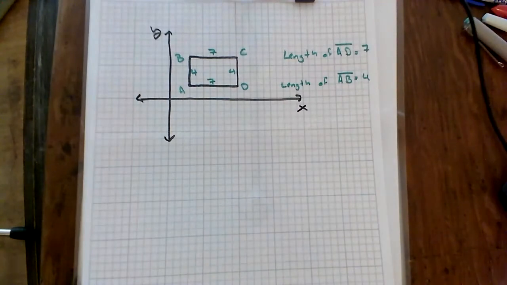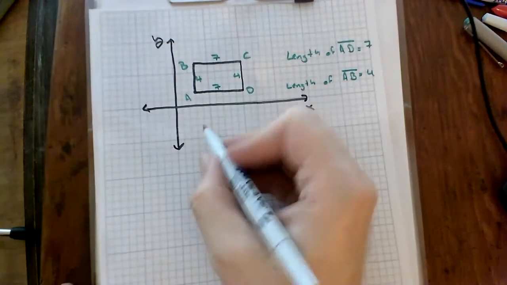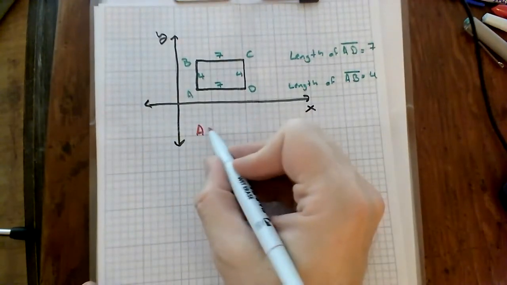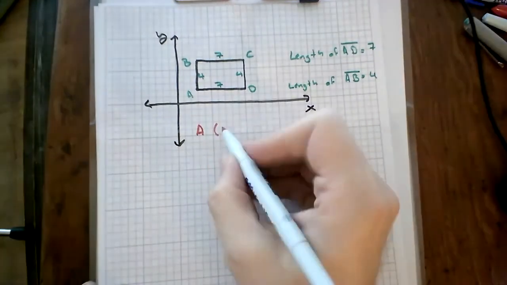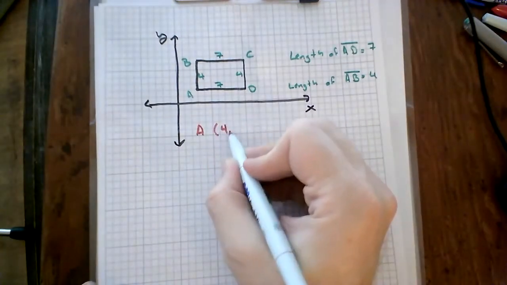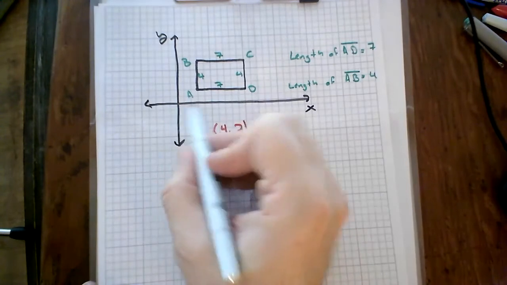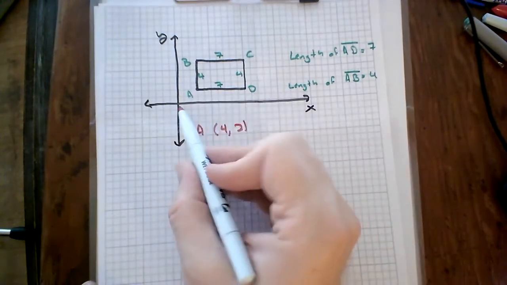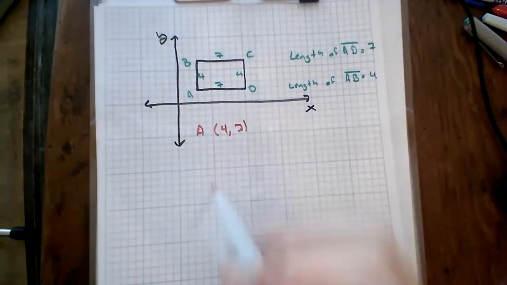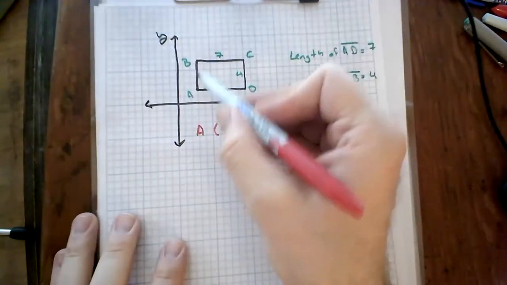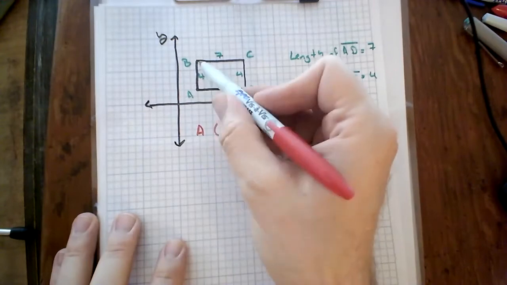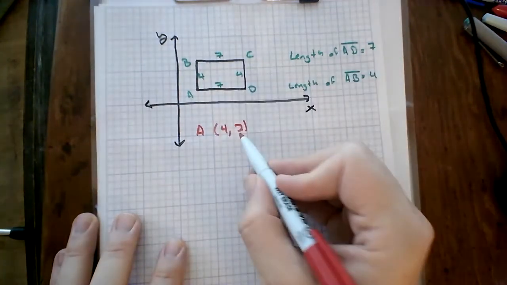So what we can do is, as soon as I name one of these points, let's say that point A, let's say that this is at, say, 4, 2. And I know that it's not at 4 and 2 here. It's actually at 3 and 2. But for now, we're just going with a general shape. What happens then is this B point is literally 4 bigger.